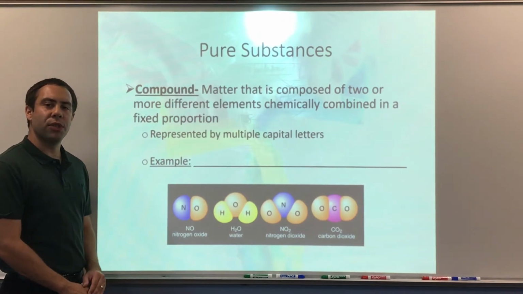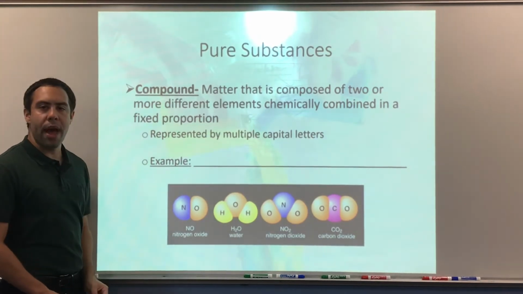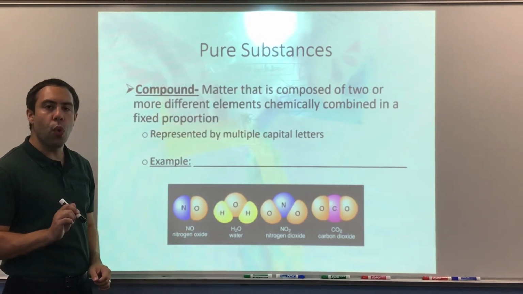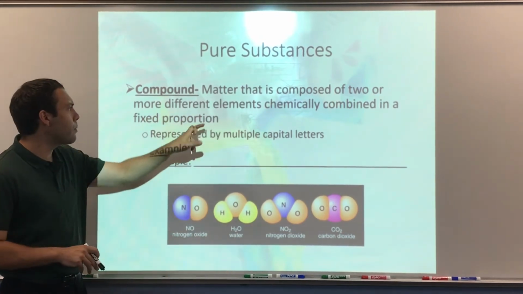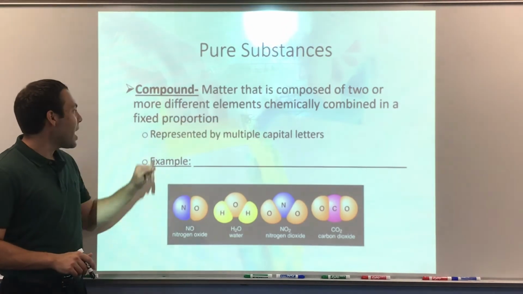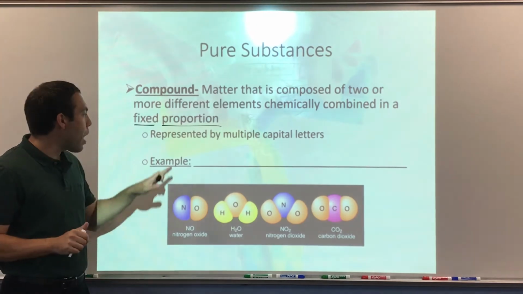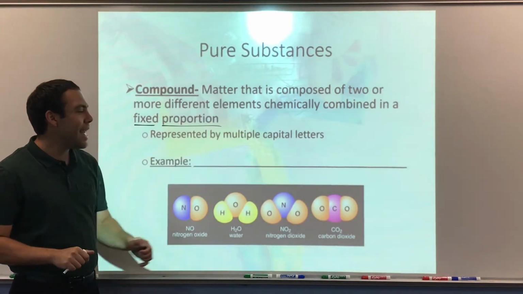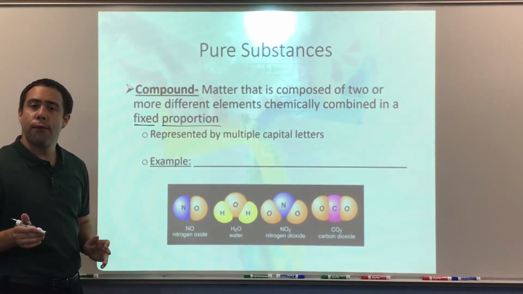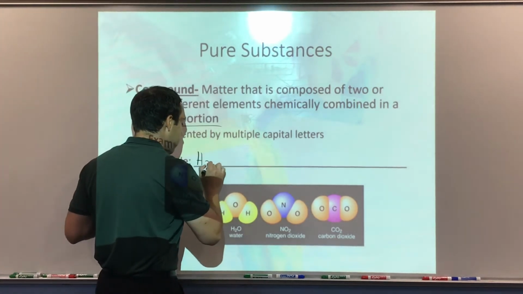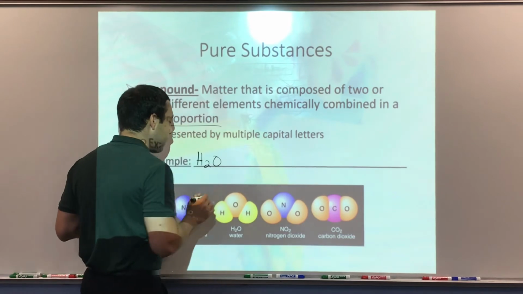And the other type of pure substances are compounds. Compounds are matter that is composed of two or more different elements chemically combined in fixed proportion. And they're represented by multiple capital letters. For example, we have H2O, water.